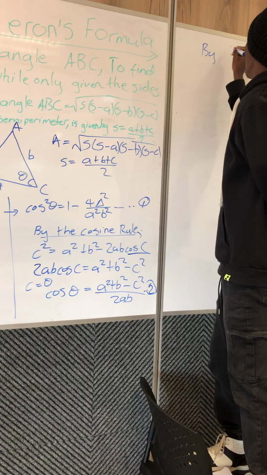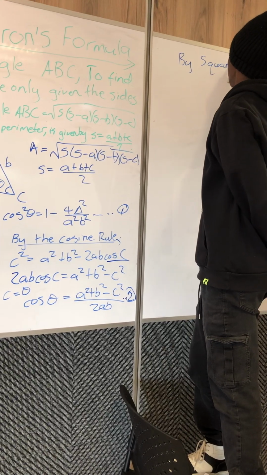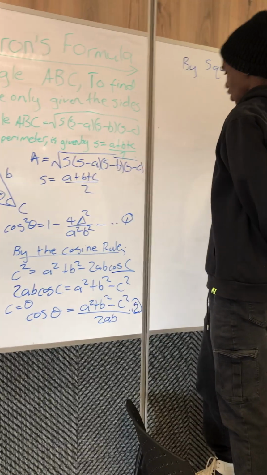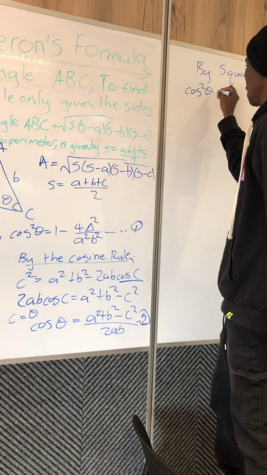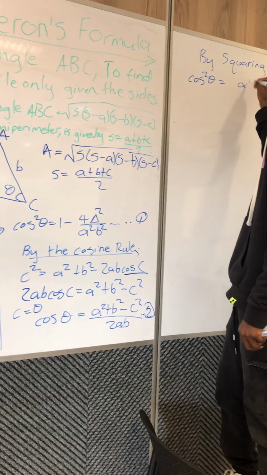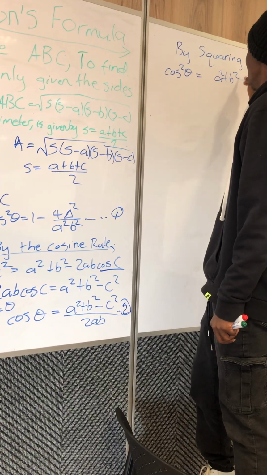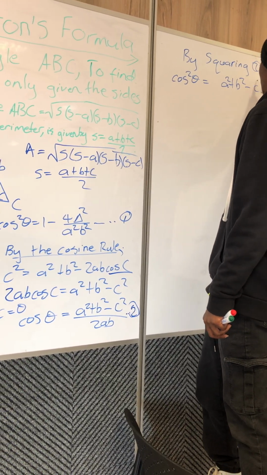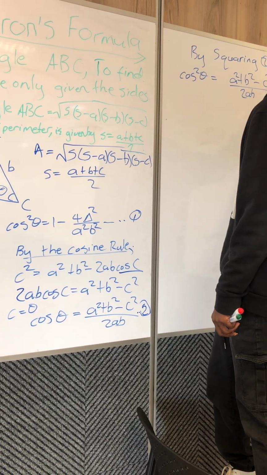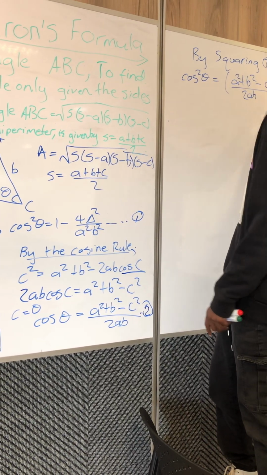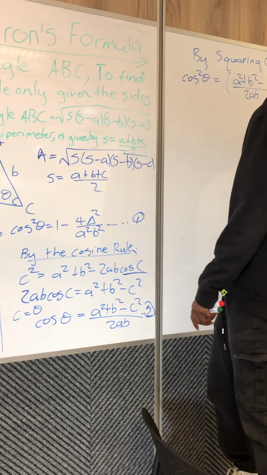So by squaring equation number 2, we are going to have cosine squared theta is equal to A squared plus B squared minus C squared divided by 2AB, and I square that. So now this is equation number 2 squared.